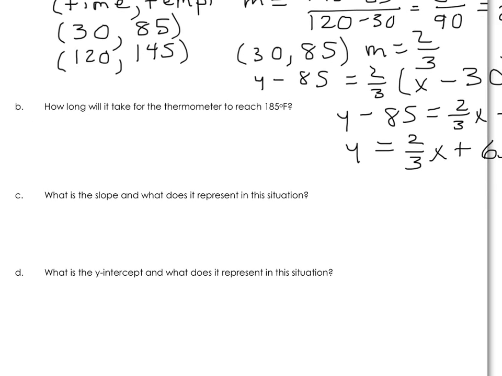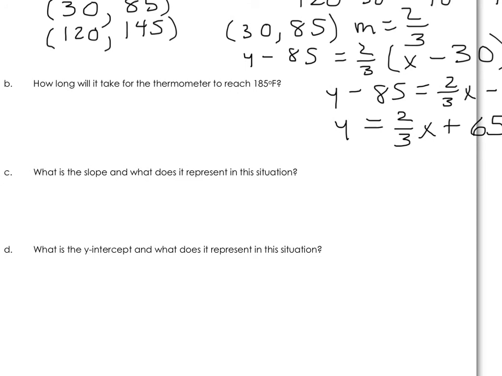How long will it take for the thermometer to reach 185 degrees? Y is the temperature, so we want y to be 185, and we have 2/3 x plus 65. Subtract 65 from both sides, we have 120 equals 2/3 x.